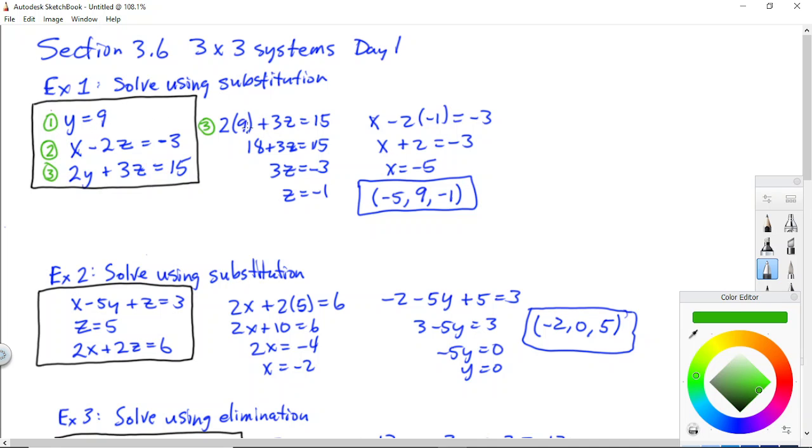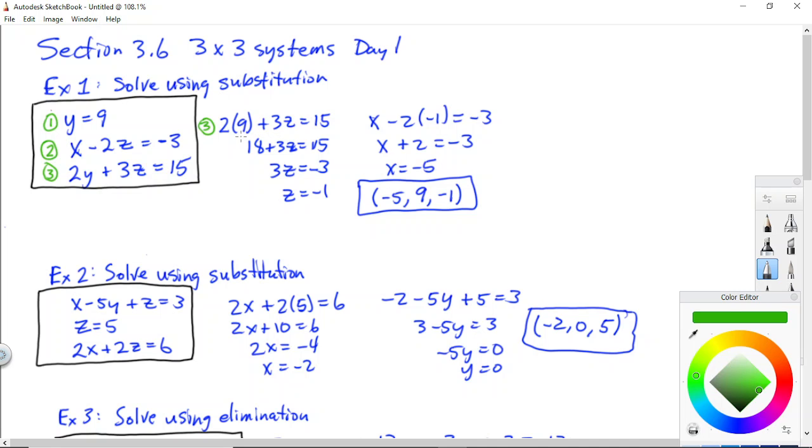Then you can simplify, and the only variable in this is z. See, the third equation doesn't have any x's in it. So when we substitute in for y, the only thing left is z.